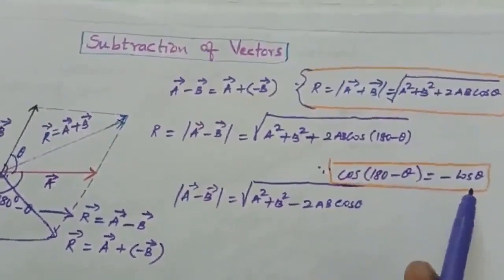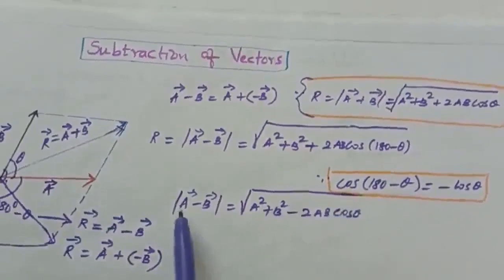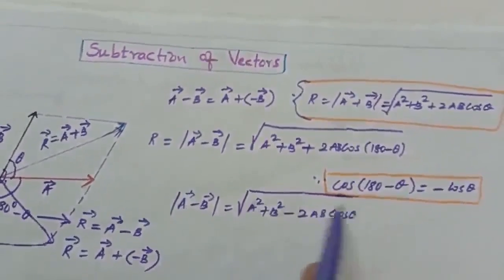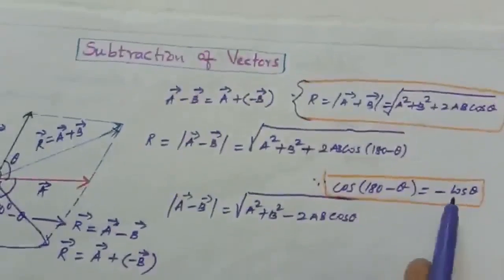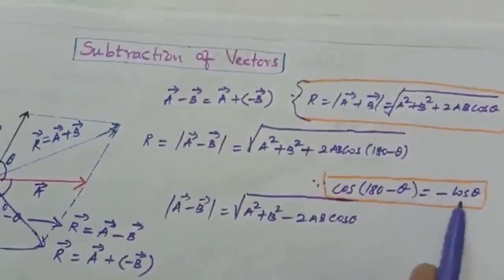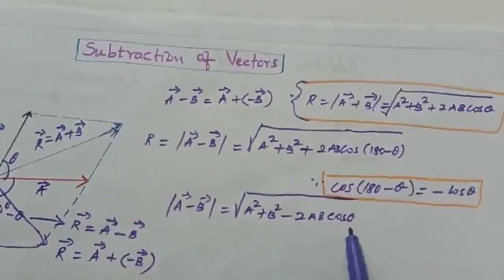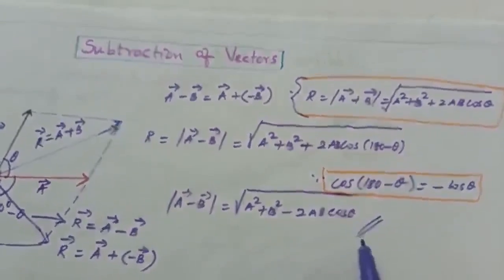Are you clear, children? Okay. Now write it: modulus of A vector minus B vector is equal to square root of A square plus B square, and substituting cos of 180 minus theta equal to minus cos theta, minus 2AB cos theta. So this is the magnitude of the subtraction of two vectors.